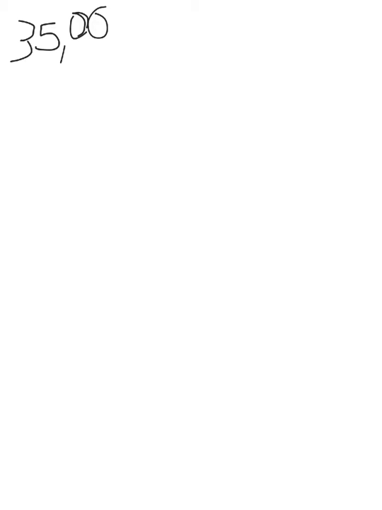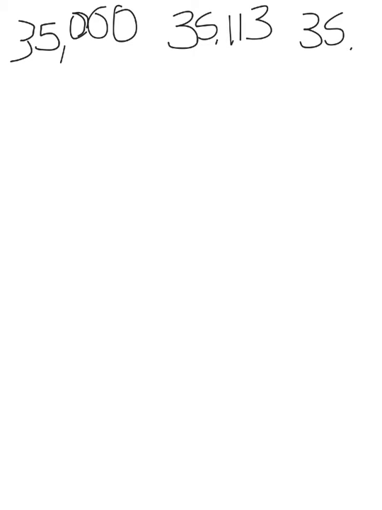Yikes, this is not working right now. 35,000. We have 35,113. And then we have 35,000, and that looks like decimal. I'm gonna make that a comment. 35,102. So first step, I need to write them vertically.